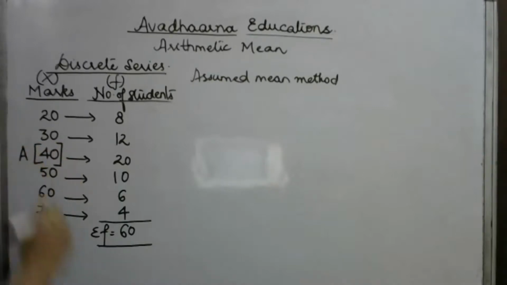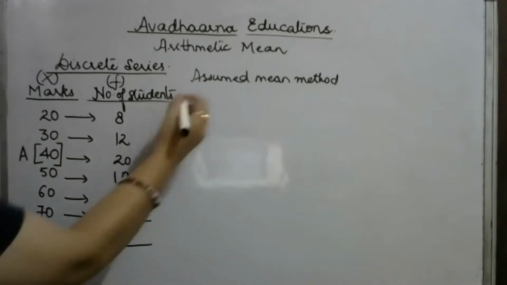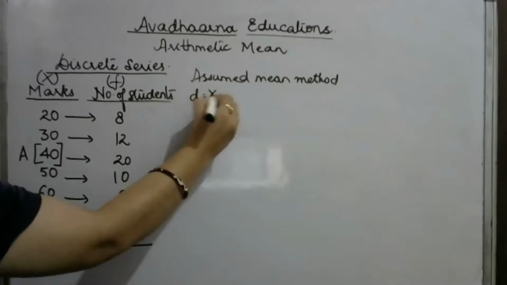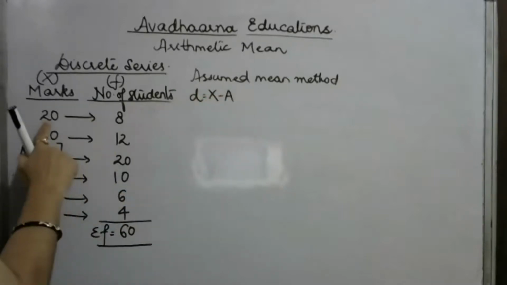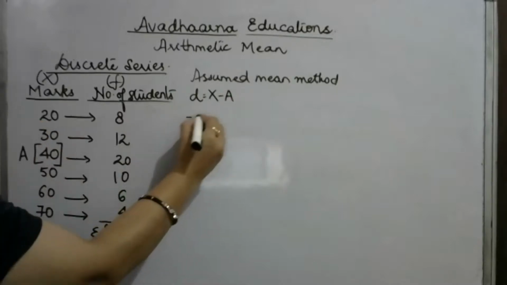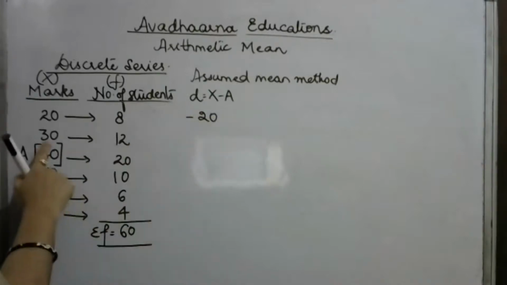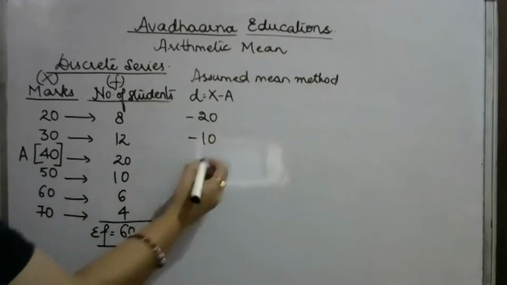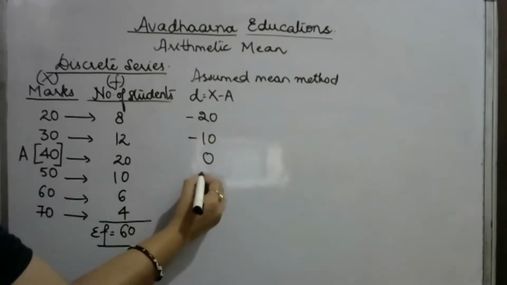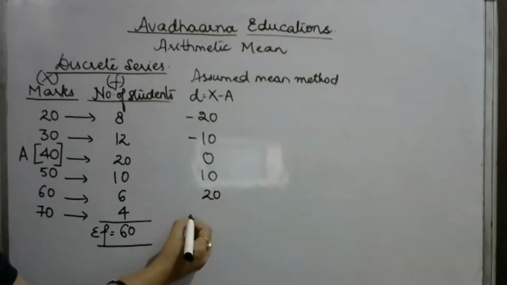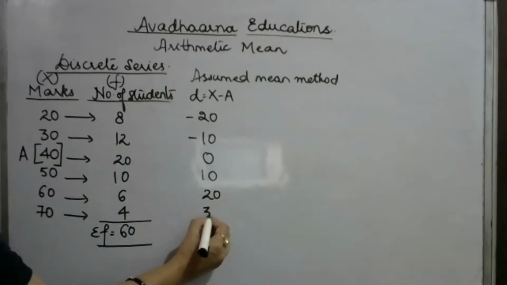We are going to calculate the deviations from this assumed mean. So D is equal to x minus A. So 20 minus 40 will be minus 20. 30 minus 40 will be minus 10. 40 minus 40, 0. 50 minus 40, 10. 60 minus 40, 20. And 70 minus 40 will be 30.